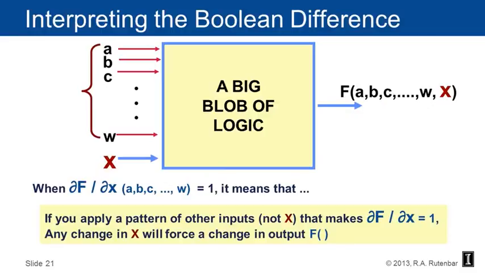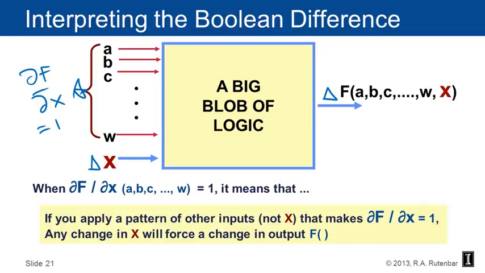So we can sort of expand that to a much bigger thing. Here's a big blob of logic, right? And I'm trying to ask the question, when does an input change on x turn into an output change? And the answer is that what I should do is evaluate del f del x, and figure out what values of these variables make it a 1.